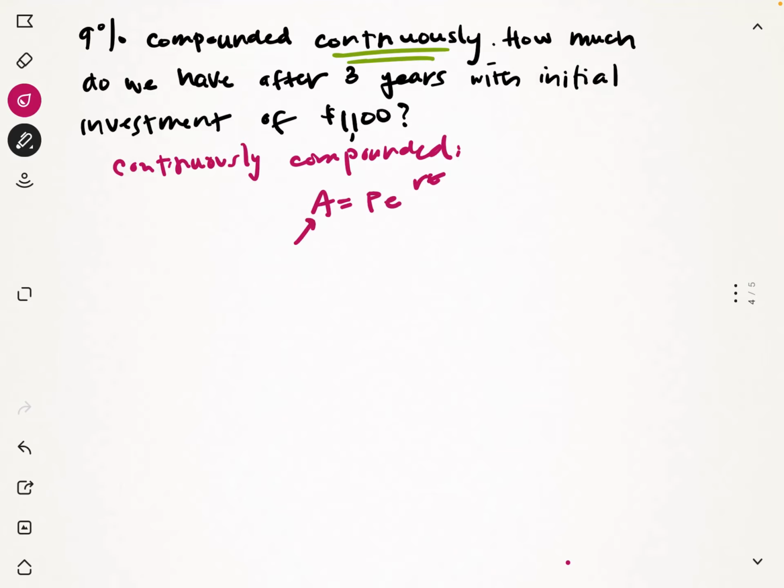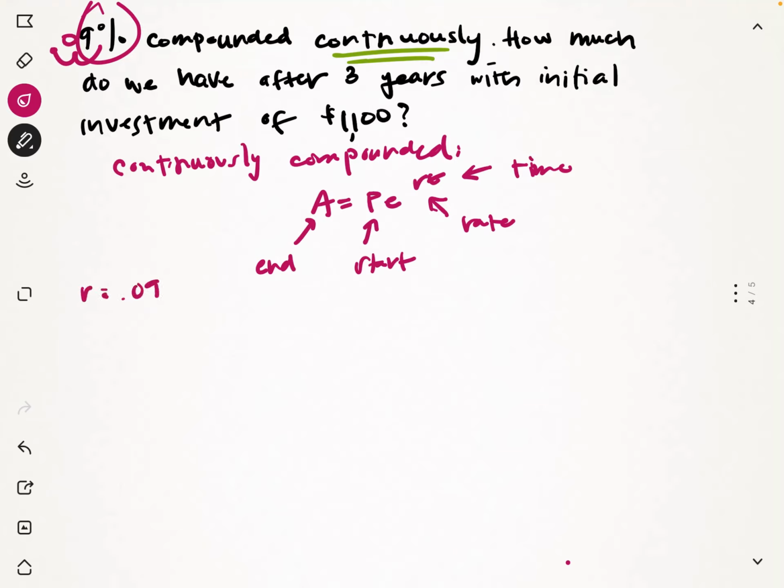Okay, so the things are the same. On this left-hand side, this is the end amount. P is the start amount. e is just the constant e. r is our rate, again as a decimal, and then t is the time in years. Okay, so we know we have our 9%. We're going to convert that into a decimal. So our r is 0.09.